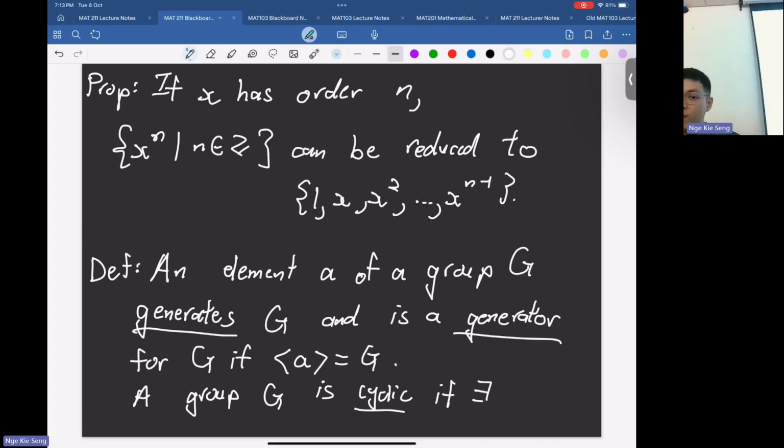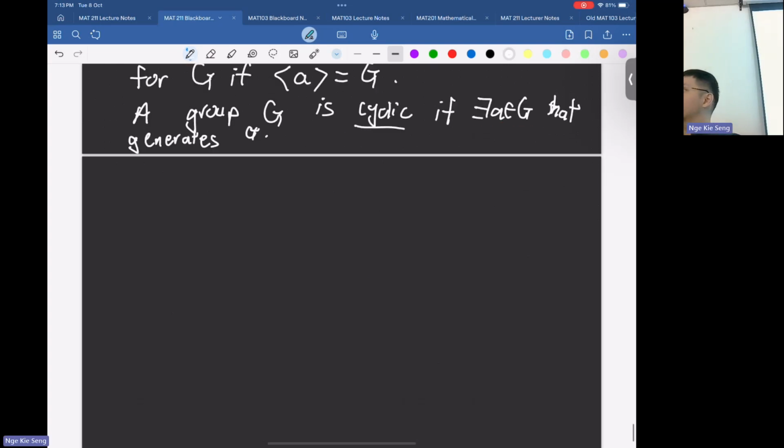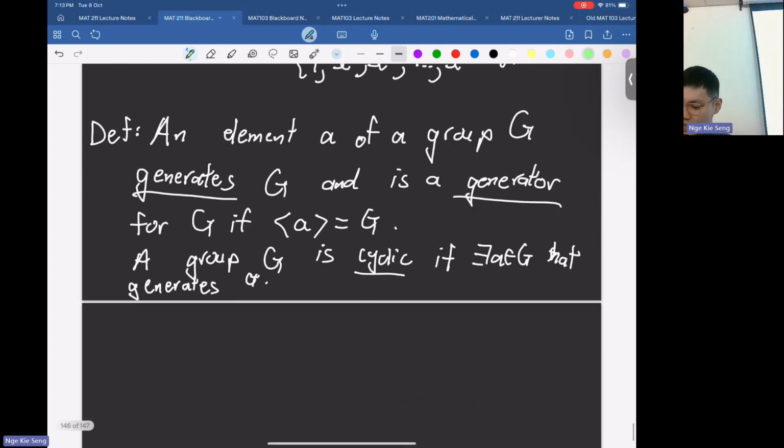In particular, we have seen one example of a cyclic group. Do you still remember this morning? I gave you an example of a cyclic group, which is what? Yes, good, the integers. Who generates the integers? 1. So you use 1 and you can get all the integers. First of all, you add 1 to itself and you get all the natural numbers.